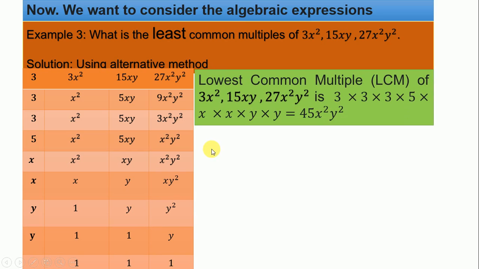So in a nutshell, the least common multiple of 3x squared, 15xy, 27x squared y squared will be the product of 3, 3, 3, 5, x, y, y. So that's why we have 3 times 3 times 3 times 5 times x times y times y. That's where we have 45x squared y squared.